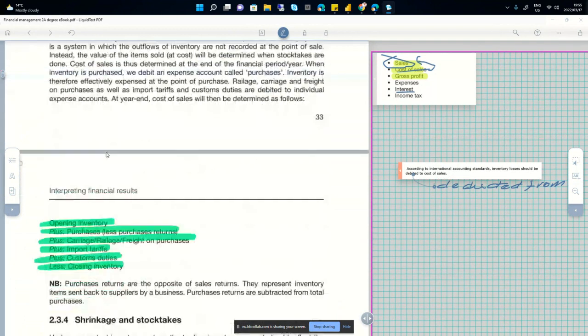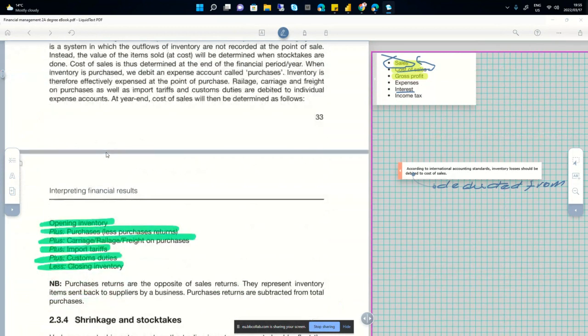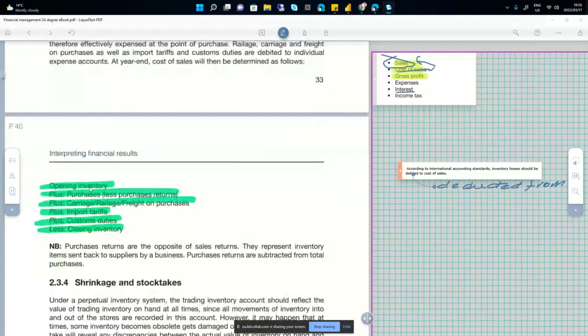This is quite important because when you're looking at the cost of sales for a period, you might be required to make a calculation to find what the cost of sales really is. So you look at the opening inventory. Remember that the cost of sales comes from the inventory that we bought.